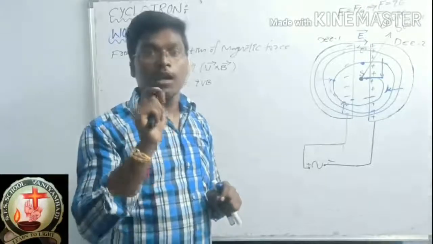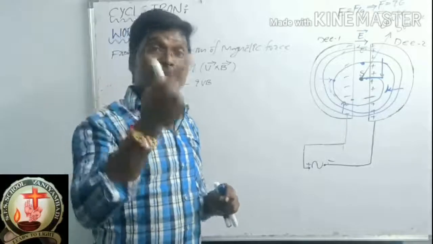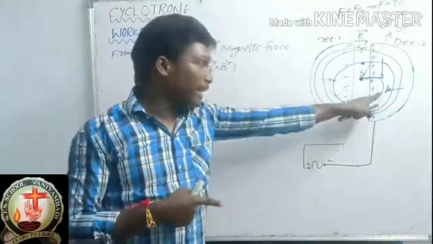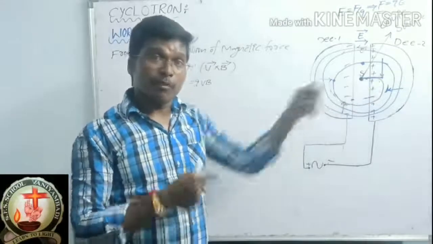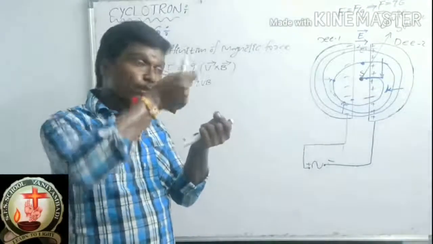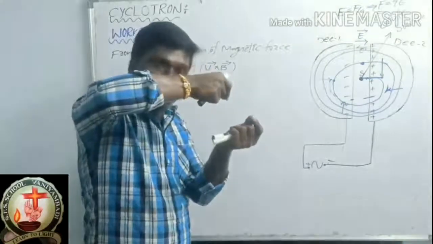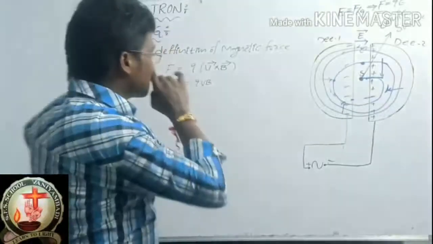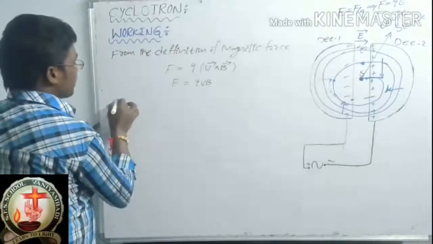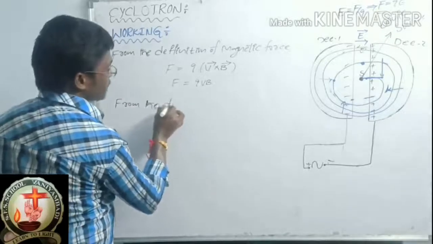Centripetal force. I hope you know the expression of the centripetal force. But who is providing the centripetal force here? The magnetic force. Because of which force is it rotating? The magnetic force. So the magnetic force is only providing the centripetal force. Just remember that.